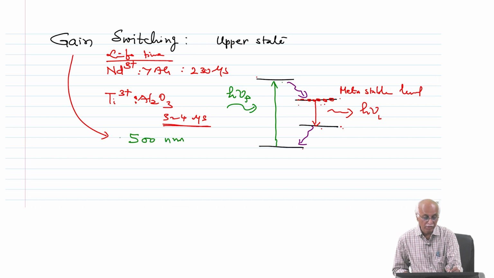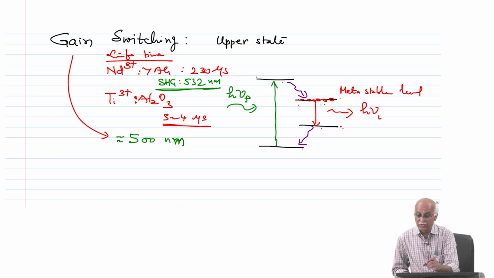Green color means, of course, the second harmonic of neodymium YAG laser, whose SHG wavelength is around 532 nanometer. So, we can use the second harmonic of Nd:YAG laser to pump this titanium sapphire laser. The input wavelength is 532 nanometer. Let us say this is a Q switched laser, since Nd:YAG laser can be Q switched.